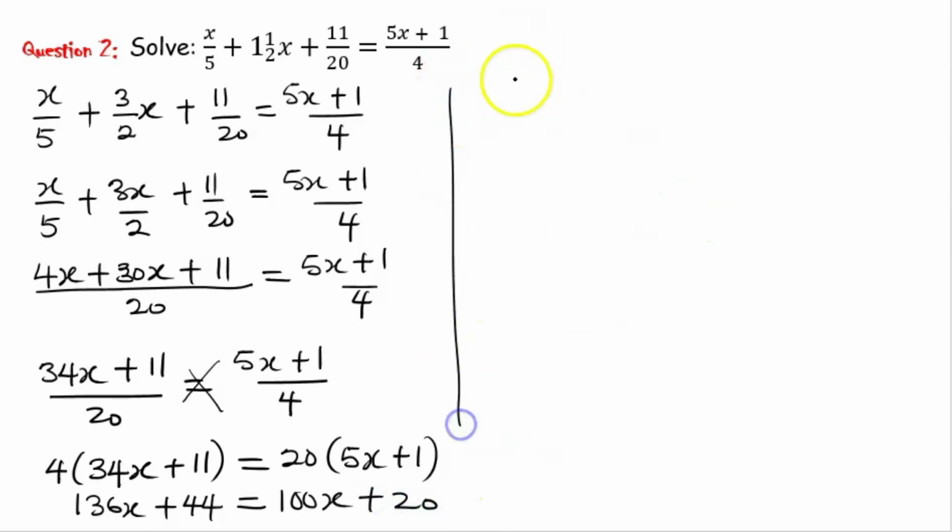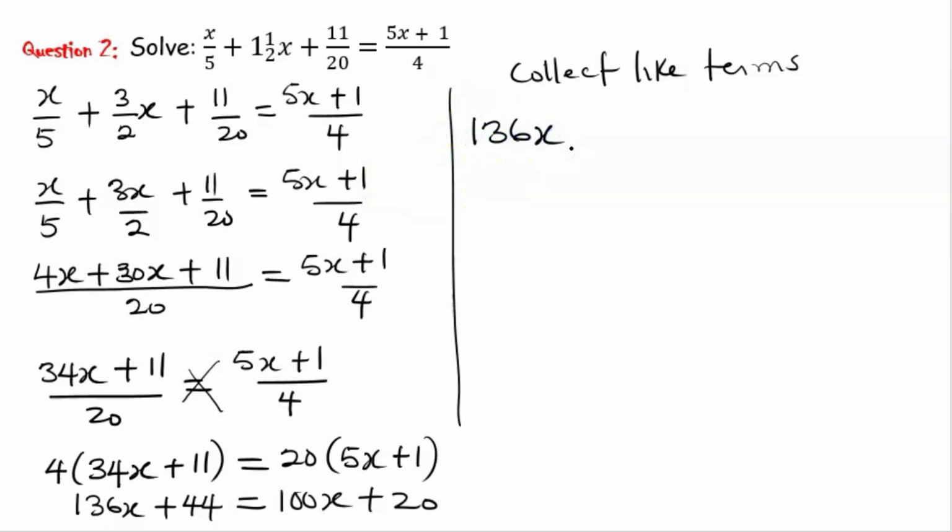Alright, so collect like terms. If you collect the like terms, I'm going to have 136x negative 100x, which is equal to 20 negative 44.